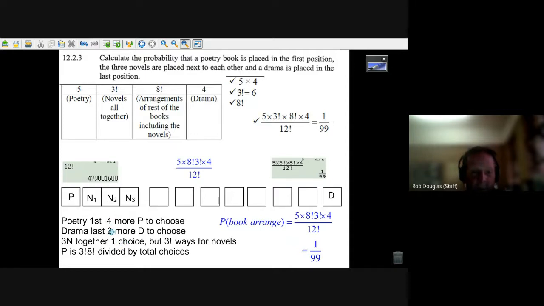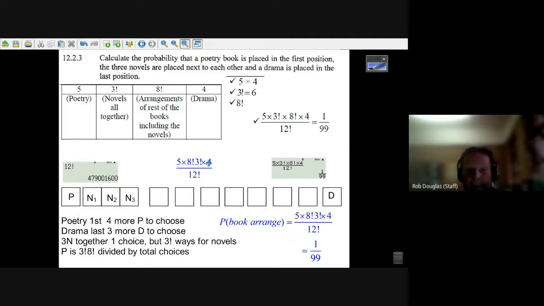Well, 4 plus 3 plus 1, there's just eight other ways to arrange the books. Once you choose a poetry, there's four other poetry choices you can make. Once you choose a drama, there's three more. And the three novels together are one. That's 8 factorial. That's the arrangements of the rest of the books.